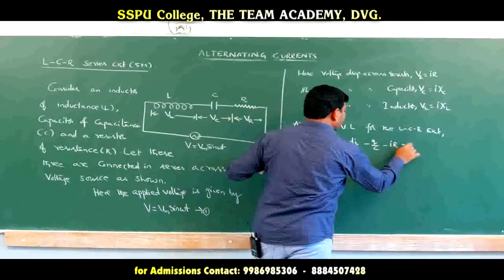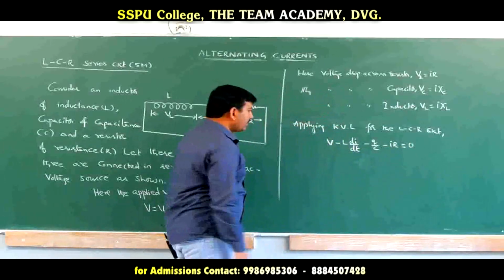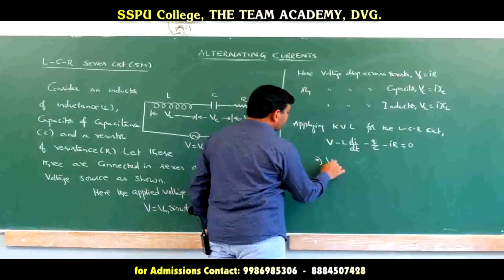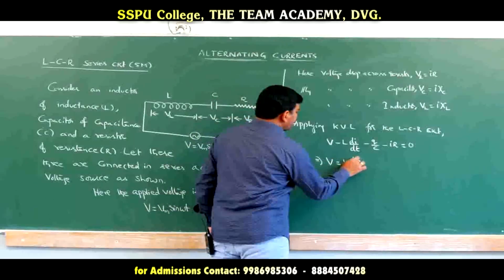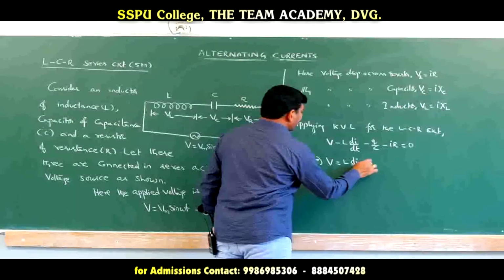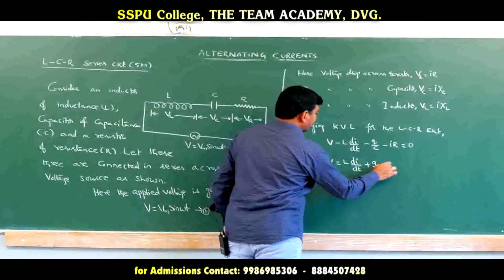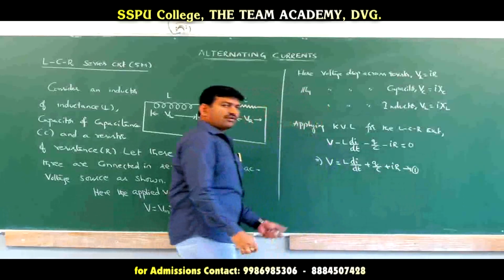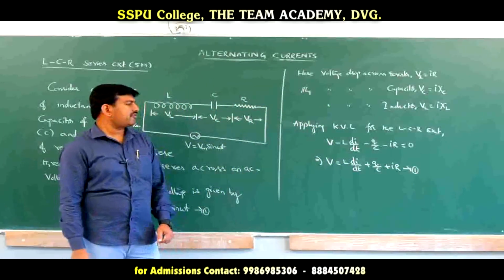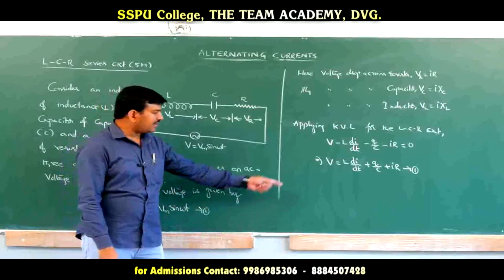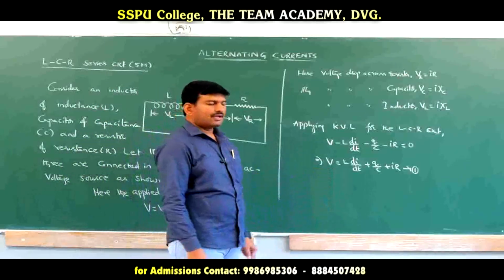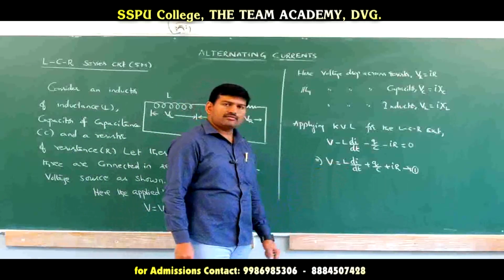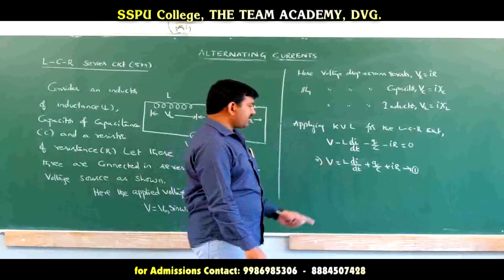Once the loop is over, you have to equate it to 0. Therefore, V = L di/dt + q/C + IR. If we solve this equation by the analytical method, we can get the value of the current.